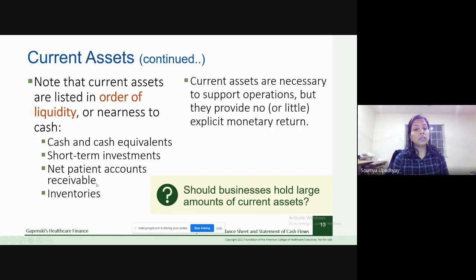Net patient accounts receivable might take a little bit longer to receive and be converted into cash, so we place it third. And inventories, as I've told you before, if you have bought a pack of 100 gloves and you have used 10 of them, you're not going to sell the 90 gloves to make money. That is not so easy.